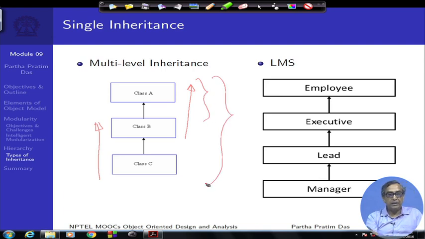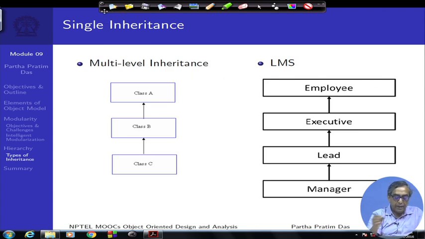So in the LMS, the leave management system, a manager is a lead and can do anything that the lead can do. A lead is an executive, with the same properties behaving, and an executive is an employee. So employee is the most generalized superclass and manager is the most specialized subclass in the whole hierarchy of multi-level inheritance.